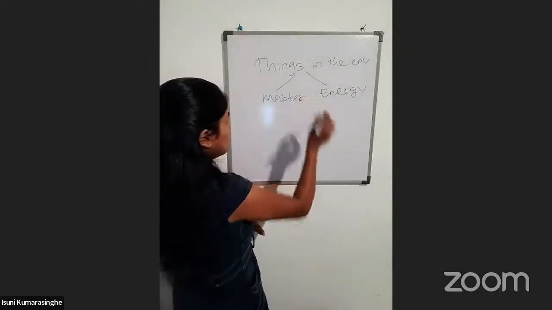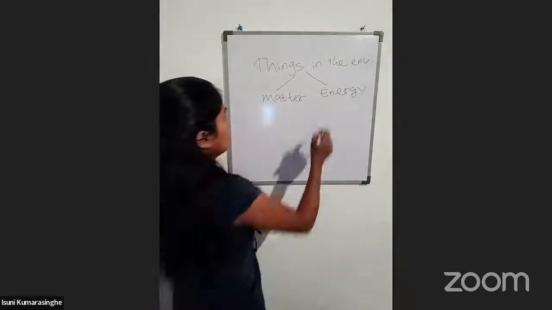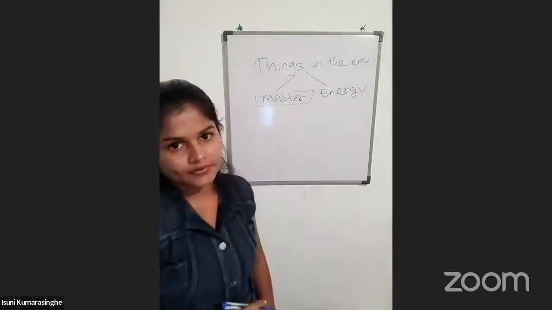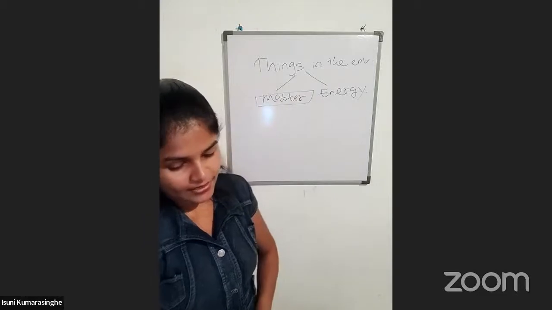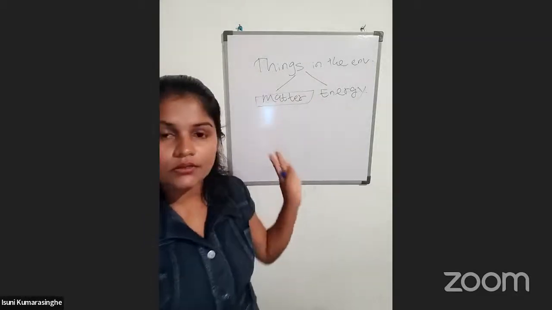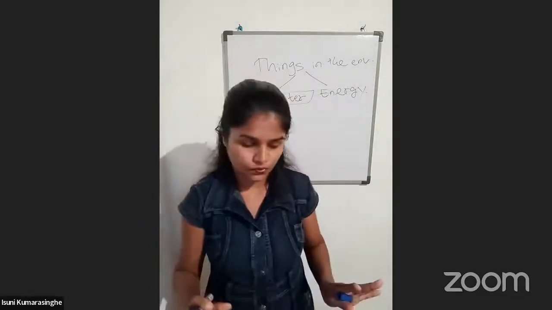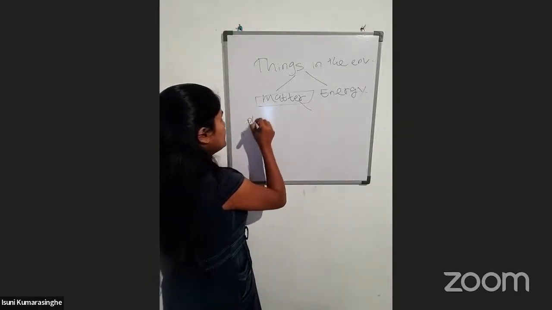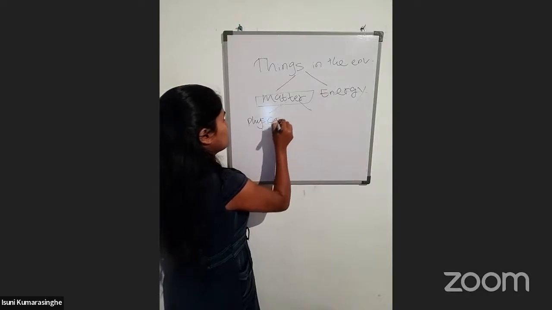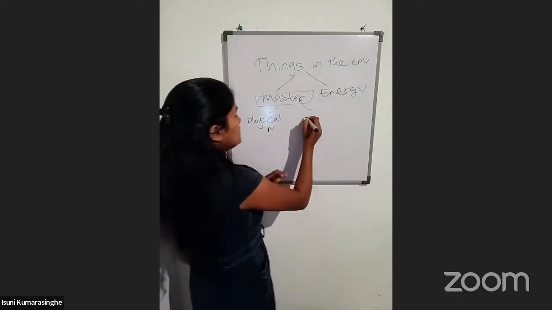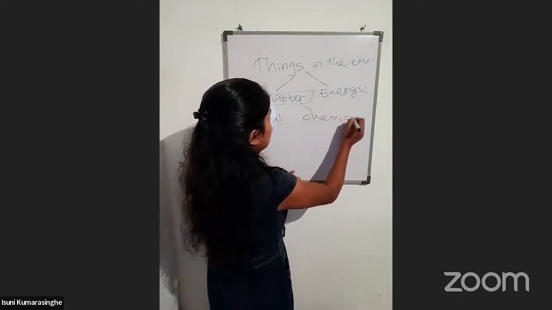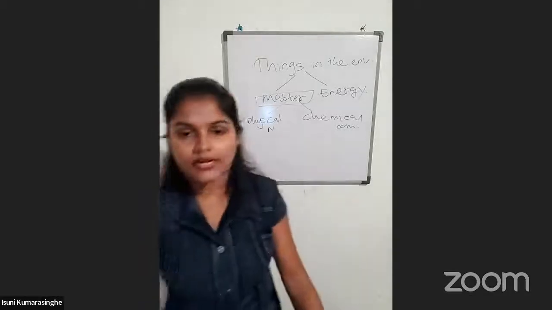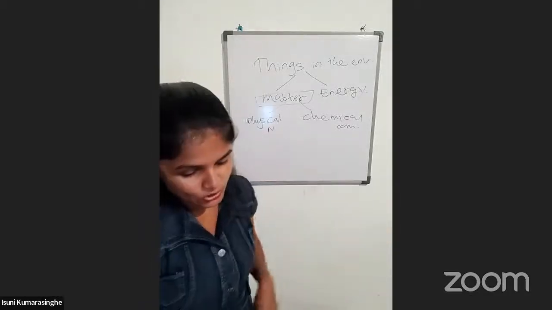Under this lesson, we are not talking about energy, we are talking about matter. This matter also we can classify into two, according to their physical nature and chemical composition.